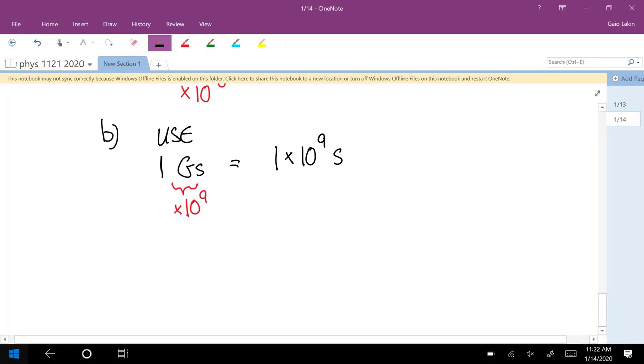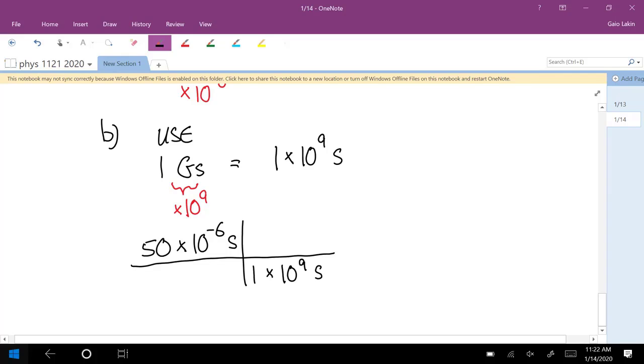We're going to start with our current value of 50 times 10 to the minus 6 seconds. And now we're going to do a unit conversion where 1 times 10 to the 9th seconds is equal to 1 gigasecond. The units of seconds cancel.